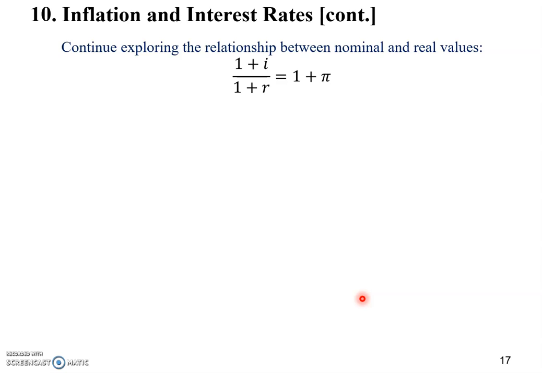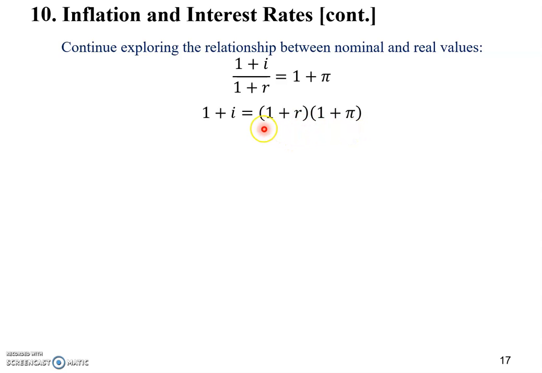What we are going to do is multiply both sides by 1 plus r because we want to get rid of this denominator. On the left-hand side, it's just going to be 1 plus i, the nominal interest rate, which equals (1 plus r) times (1 plus pi).